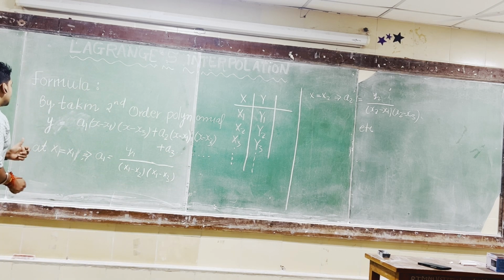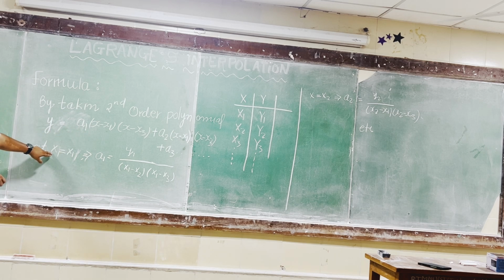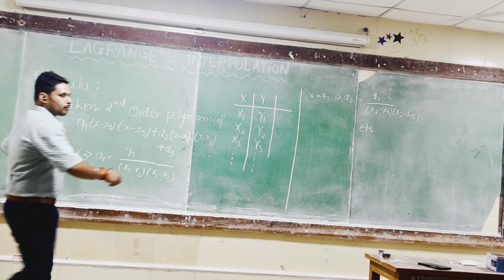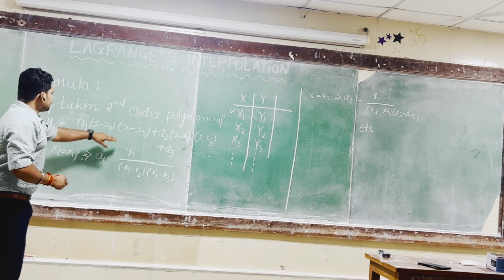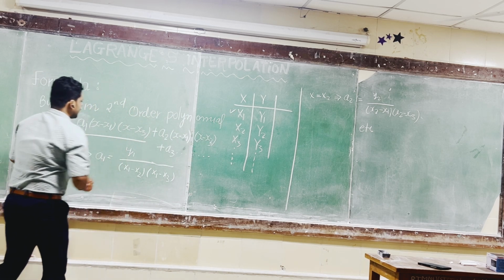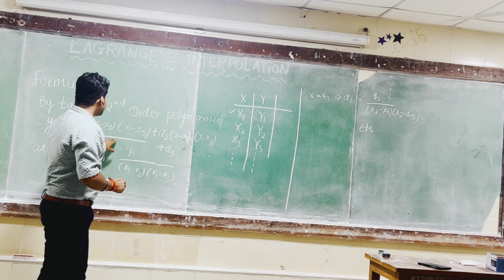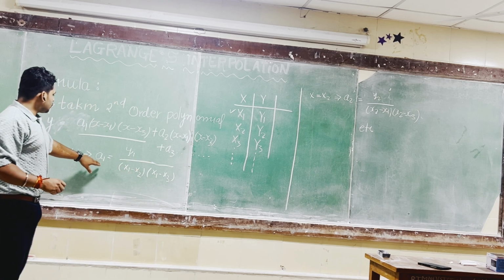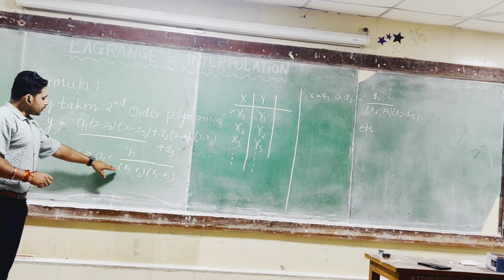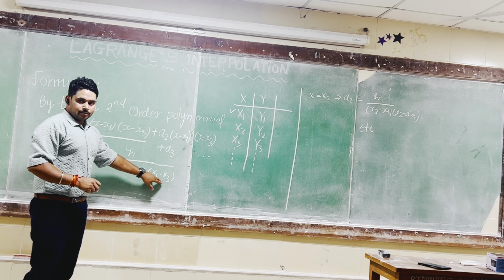When we put x equals x1 from this table, the terms including x minus x1 get cancelled, and we get a1 equals y1 upon (x1 minus x2)(x1 minus x3).